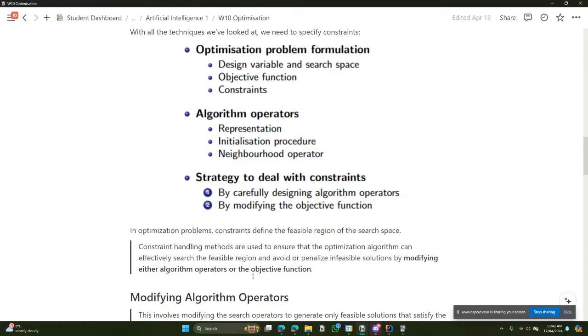So there are two things here. We can either modify the operators of the algorithm, or we can modify the objective function from the initial problem. By doing these, we can make it easier to solve the optimization problem.